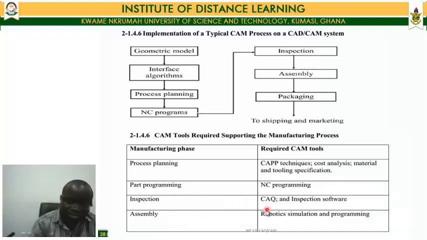Inspection, you can use computer-aided quality and inspection software. In assembly, you can use robotics in simulating and programming the assembly process. So these are tools that you may require in the various supporting manufacturing processes one way or the other.